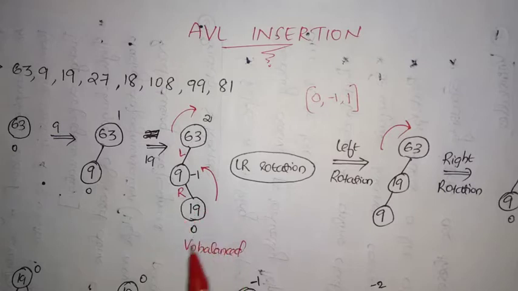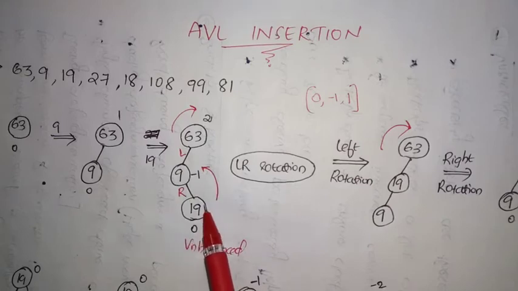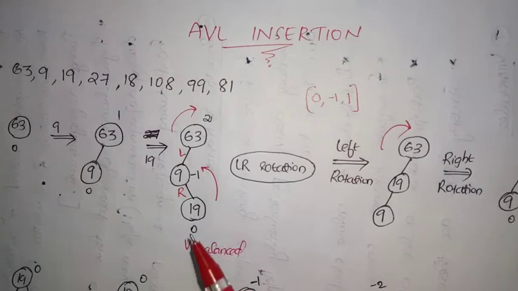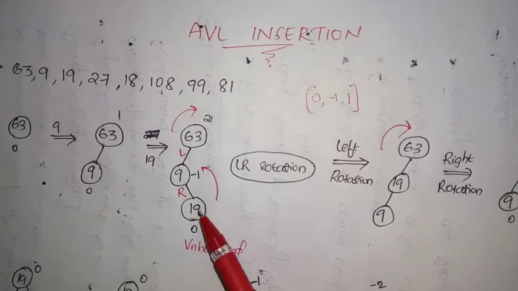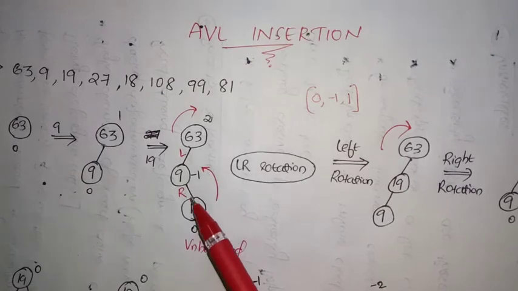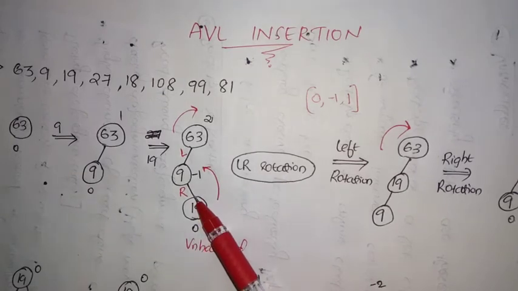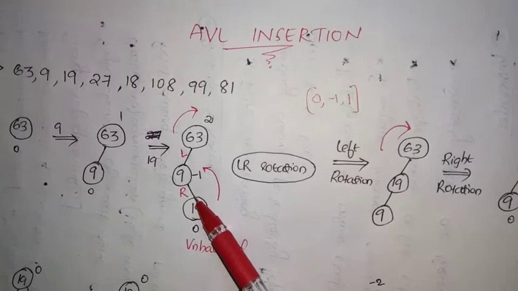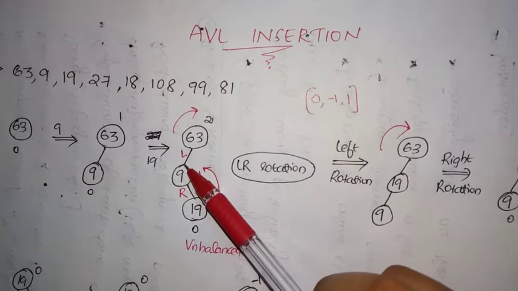Let's see which AVL rotation we have to perform. We know that LL, RR, LR and RL rotations are there. Out of all these 4 rotations, which one needs to be performed here? Here the imbalance occurs when we place a node to the right side of this left child, right?